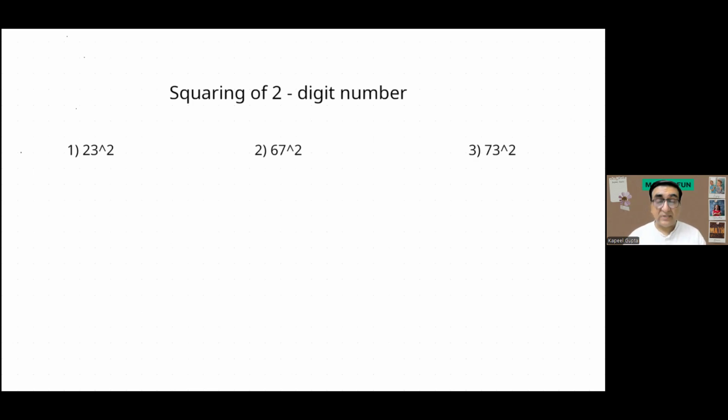Now, for this trick, we need to know something additional, and that we call the duplex of numbers, right? So how to find a duplex?